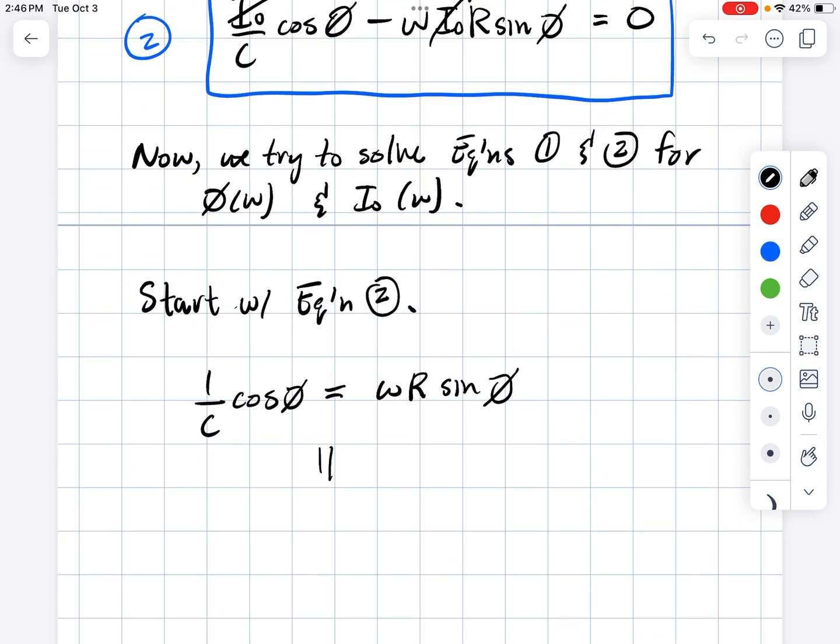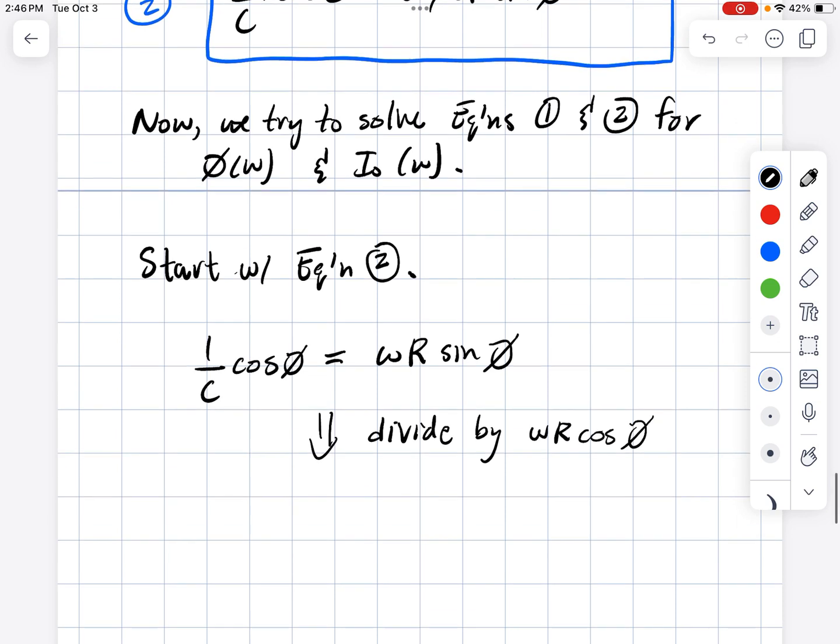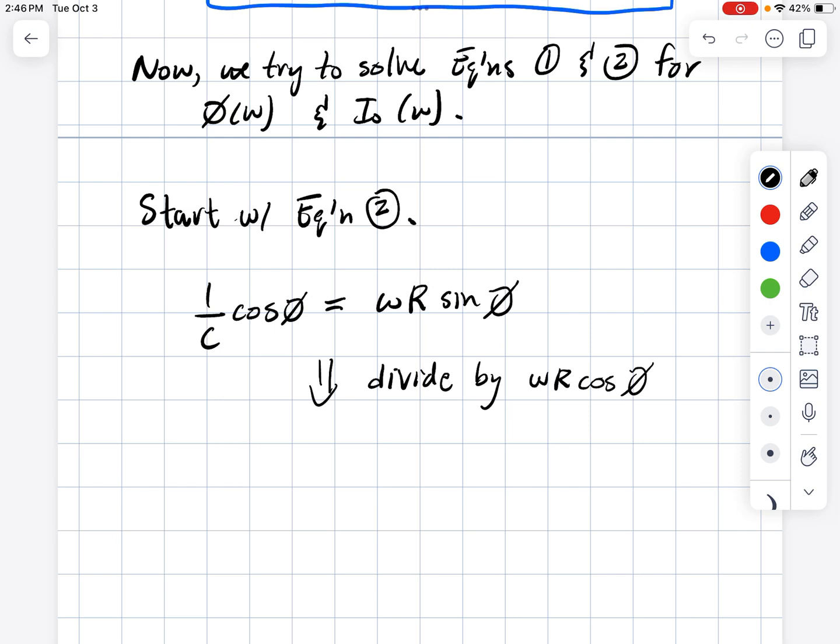That implies, if we divide both sides by omega R cos phi, on the left-hand side the cosines will cancel and we'll get 1 over omega RC, and on the right-hand side the omega R factors will cancel and we'll have sine over cos, but that's just tan of phi.